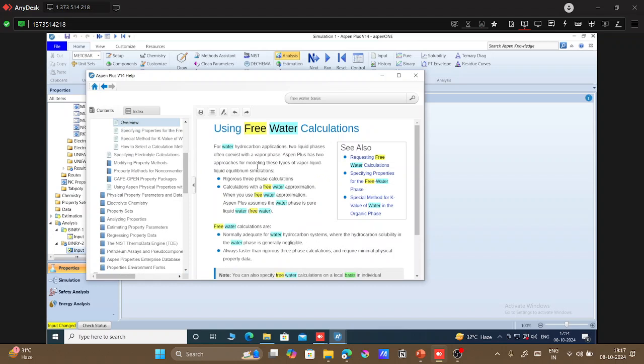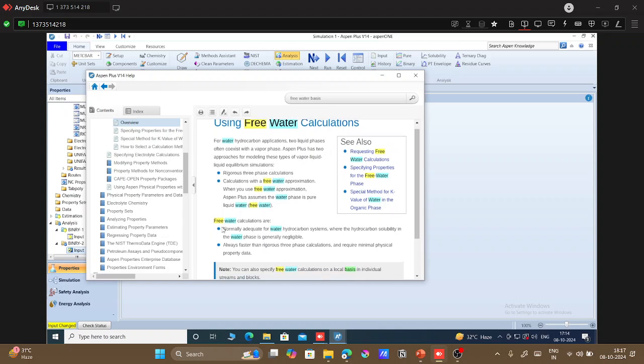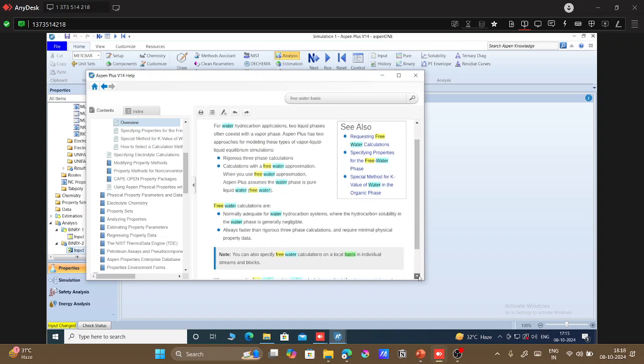Anyway, Aspen Plus has two approaches of modeling: the rigorous three-phase calculation and the free water approximation. When you use the free water approximation, Aspen Plus assumes the free water phase is pure liquid water, so that's why it is free water. Free water calculations are normally adequate for water-hydrocarbon systems where hydrocarbon solubility in the water phase is generally negligible. So water will act as an inert in these applications, and it is always faster than the rigorous three-phase calculations. Okay.